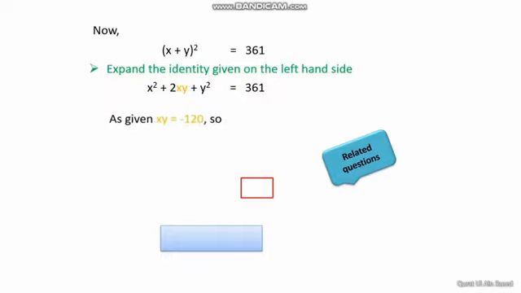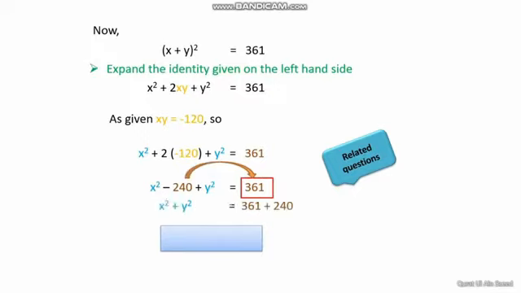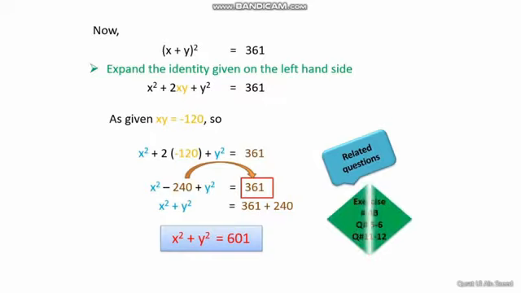As xy is given, that is minus 120, put the value of xy and multiply it with 2. 2 into minus 120 will give you minus 240. Take it to the right side, which will add up to 361, and you will get x square plus y square equals 601. The questions related to worked example 12 are 5, 6, 11 and 12 of the exercise.